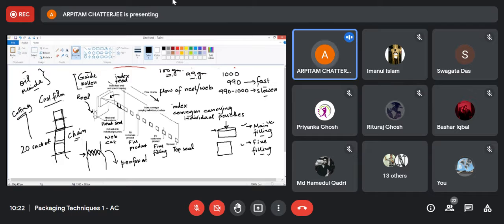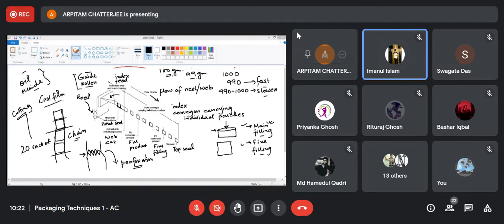This perforation is used to detach the units from the chain. Is it clear to you, or do you have any doubt? Is it okay? Yes, sir.